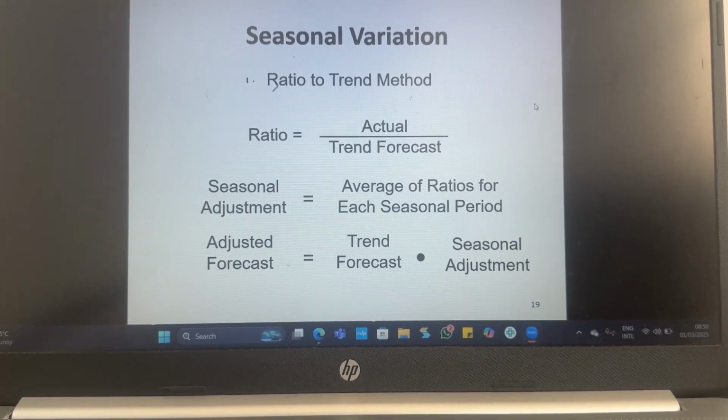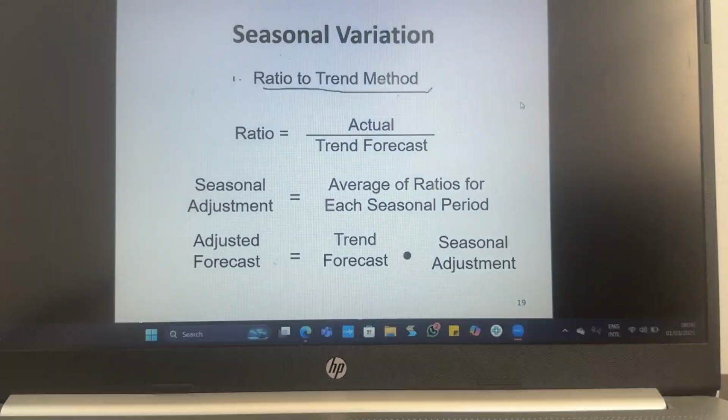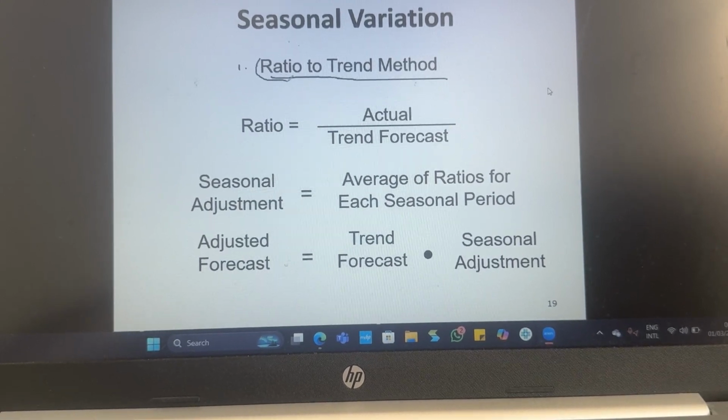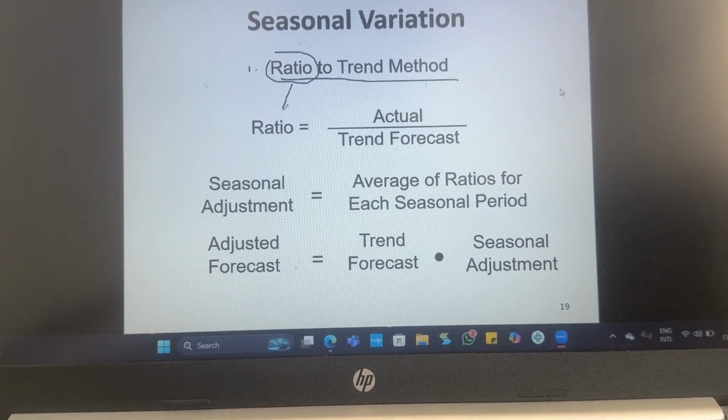Let's discuss first this one, the ratio to trend method. So first, what is this ratio? Ratio is calculated in this way: actual value and then trend forecasted value.